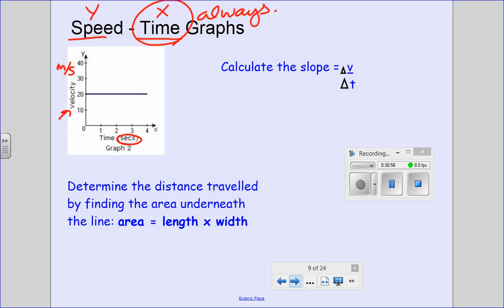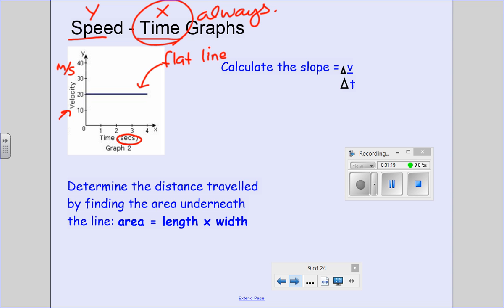Now on a speed time graph, for now, until we talk about other situations, we should end up seeing a flat line. Since I just told you that the slope of a flat line on the other type of graph was 0, you can infer that that's the same thing that's true here.